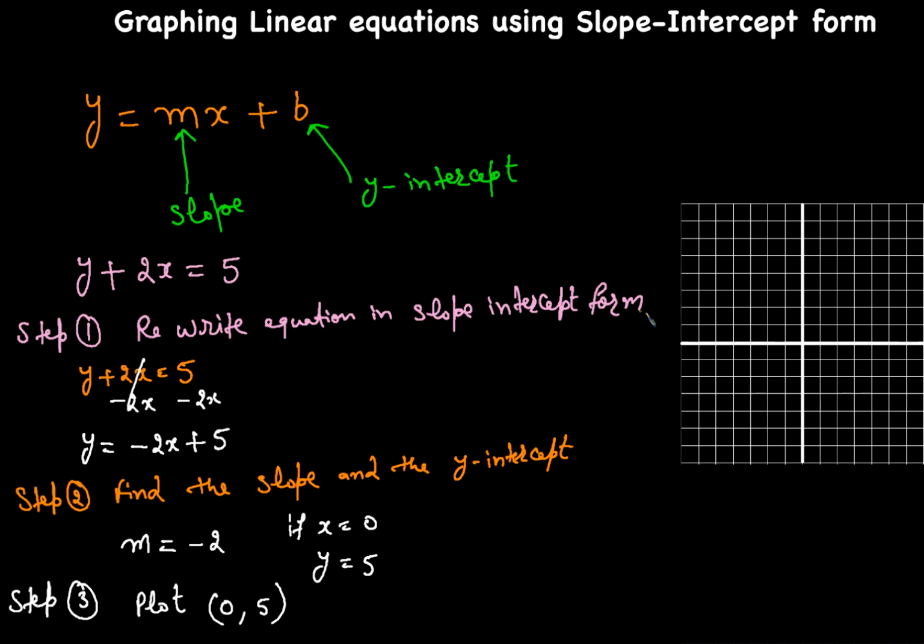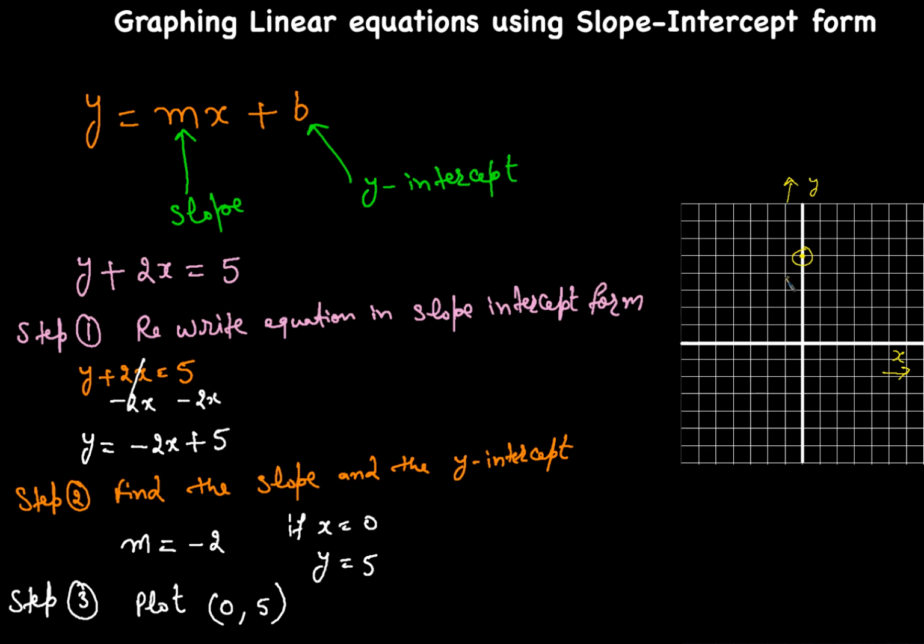On the graph, this side is the x-axis, along this side, and along this side we got y. So x is 0 over here and y is equal to 5. Let's say each box represents 1, so 1, 2, 3, 4 and 5. So this is my point: x is equal to 0 and y is equal to 5.